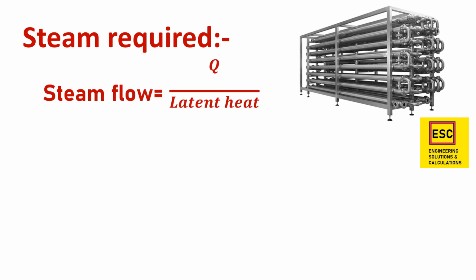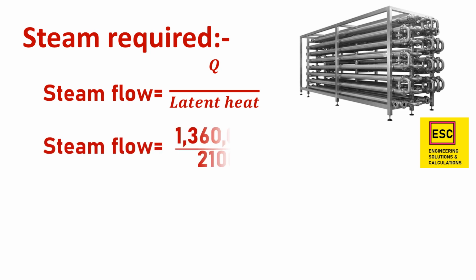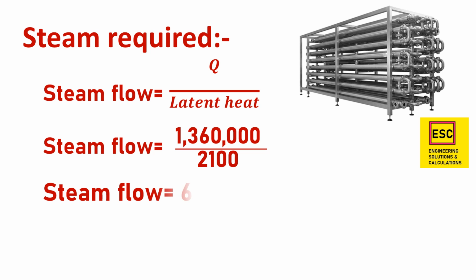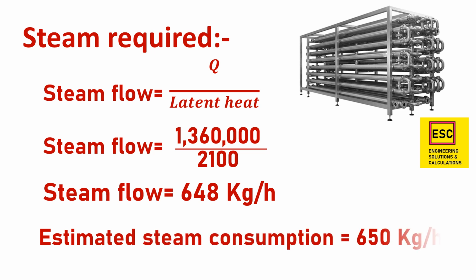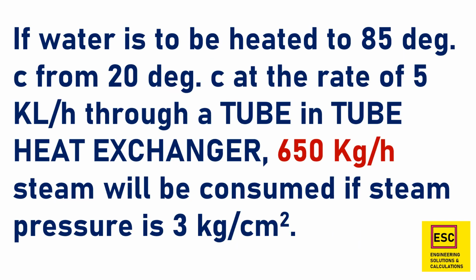That is Q divided by latent heat, and the steam flow is equal to 648 kilogram per hour to heat the water from 20 degrees Celsius to 85 degrees Celsius, and the mass of the water is 5 kl per hour.